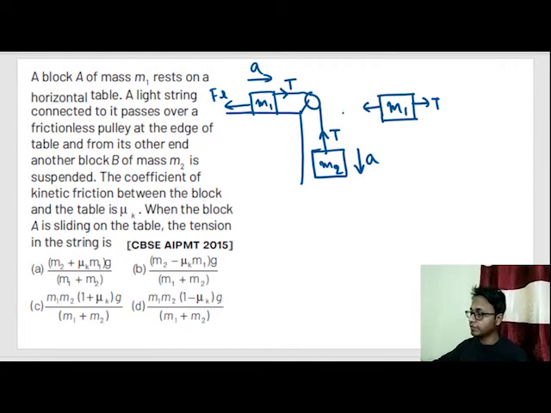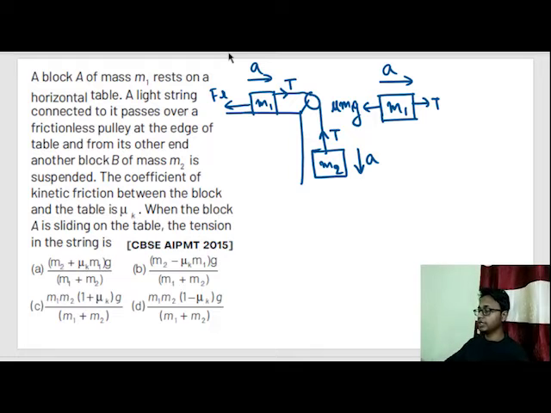The full value of friction force is mu n, and from here I can easily say that n is equal to m1g. So I'm not making it cumbersome, I'm replacing this mu n by mu m1g, just to make it a little bit cleaner.